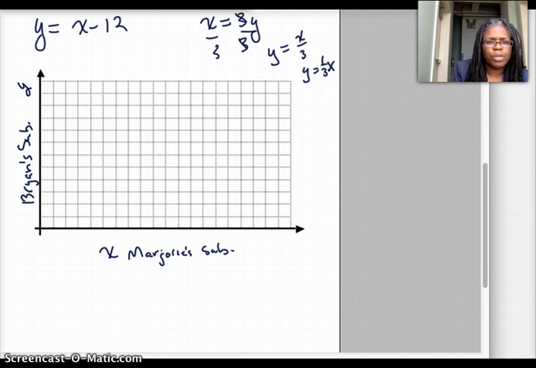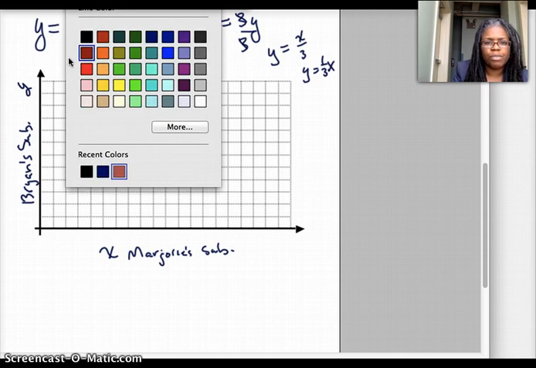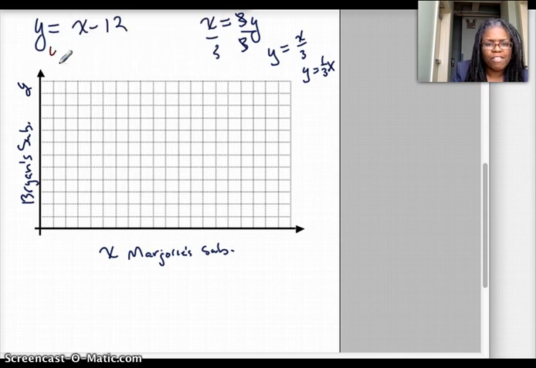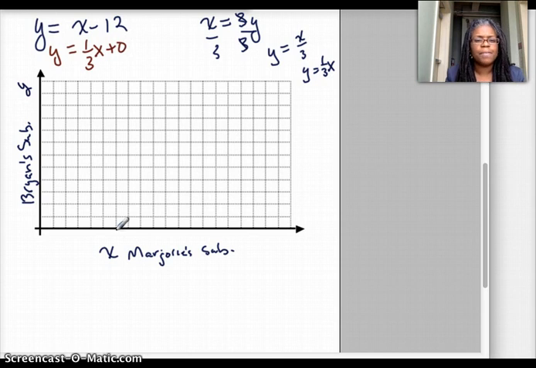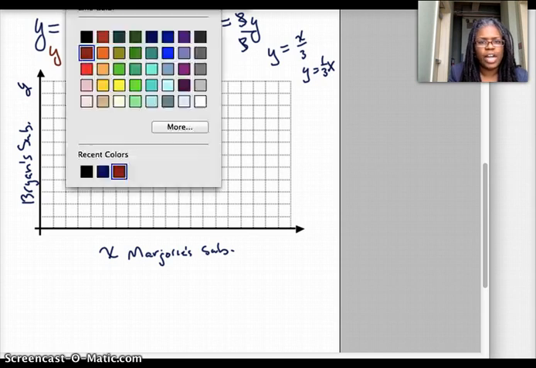Now I'm going to rewrite both of the equations that I need to use. I'll write this one over in red, so I'll have my red equation, Y equals 1/3 x, and I'll put the plus 0 here, and my dark blue equation. So now that I have that, let's go ahead and graph the equations.